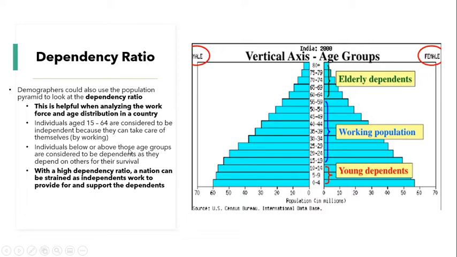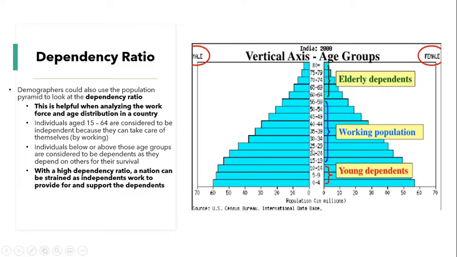Individuals below or above these age groups, being the young dependents and the elderly dependents, are considered to be dependents as they depend on others for their survival. Before the age of 15, you really can't work or do much for yourself, especially in less developed countries, newly industrialized countries.